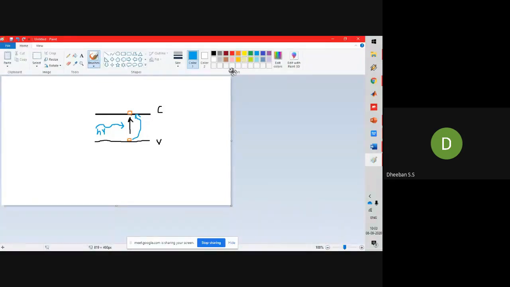There is also a possibility for this ion to come back to the valence band. It's just a reversible reaction. In such a case, here it was absorption, and here it emits light, so h nu energy gets liberated.